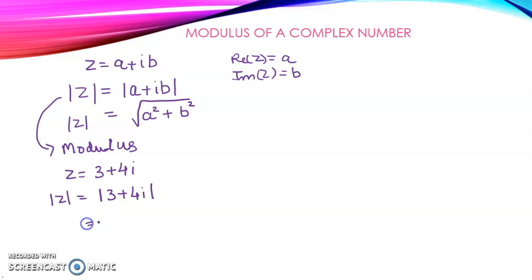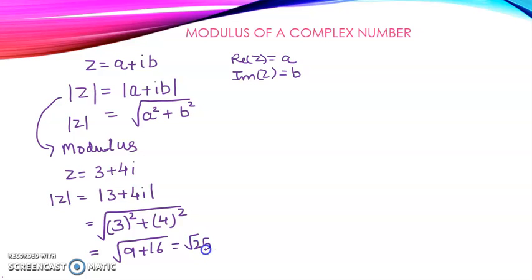This will be the square of the real part, which is 3, so 3 square plus 4 square, and its under root. 3 square is 9, 4 square is 16, so 9 plus 16 is root 25, which is equal to 5. Are you following, students? Let me take one more example so it will be clear.